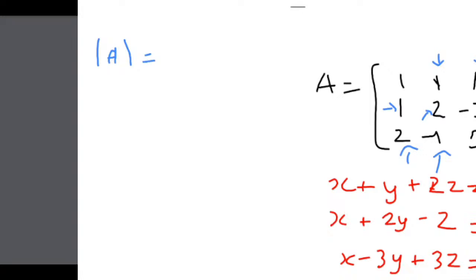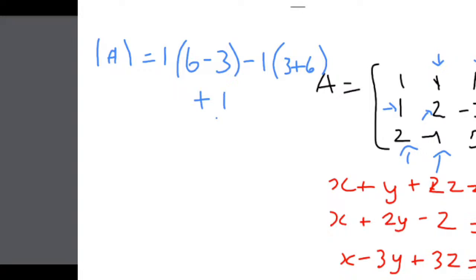Determinant of A is equal to 1 into 6 minus 3, and then again minus 1 into 3 plus 6, and then plus 1 into minus 1 minus 4.